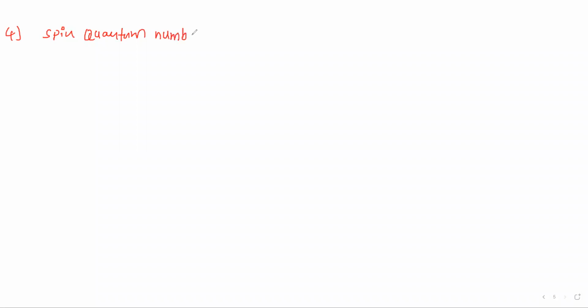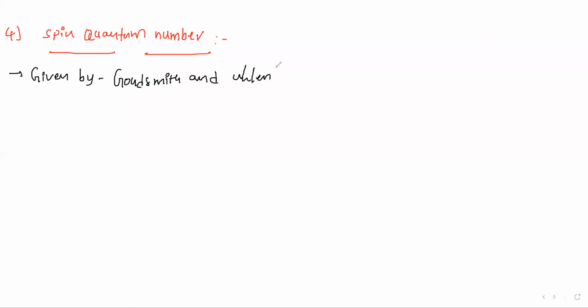Write down the points. The spin quantum number was given by Goudsmit and Uhlenbeck.